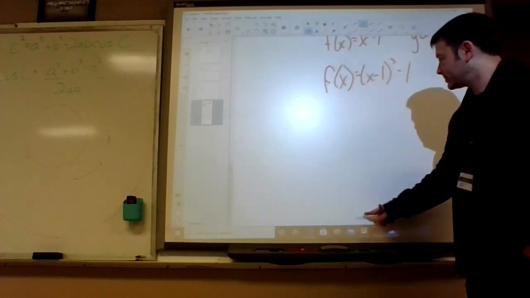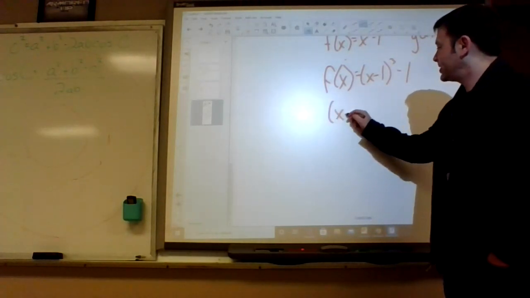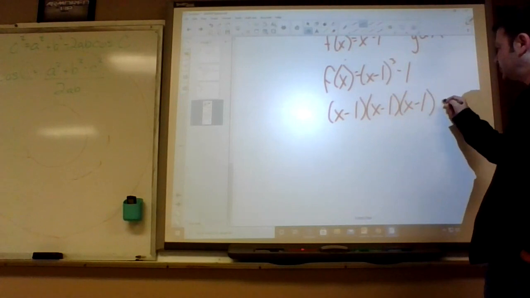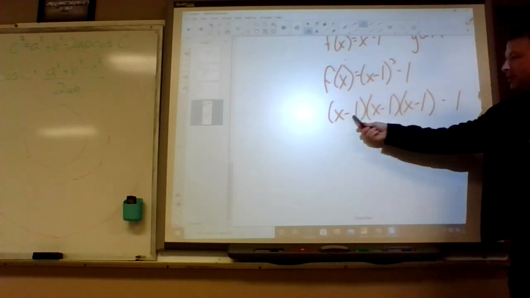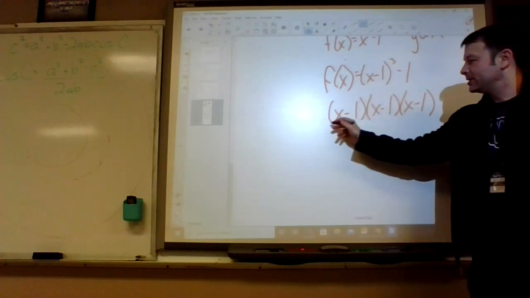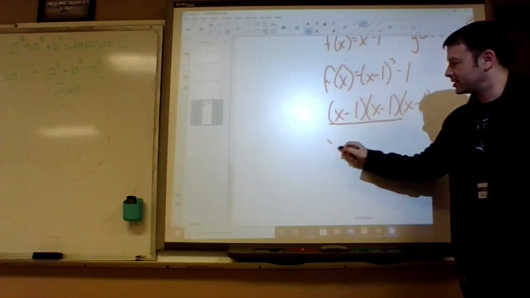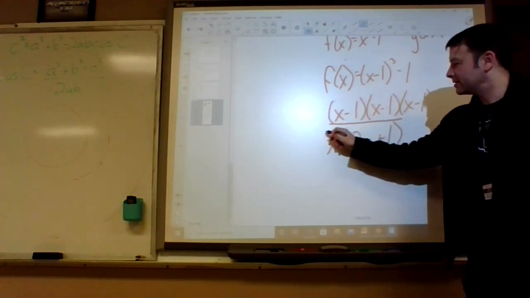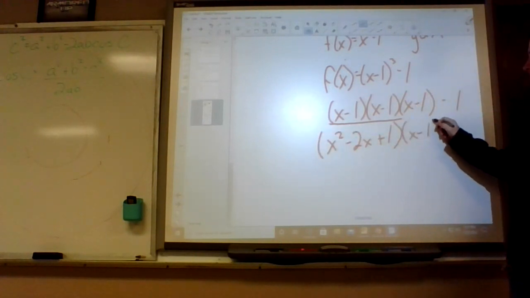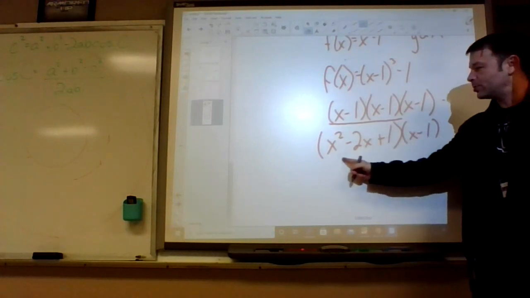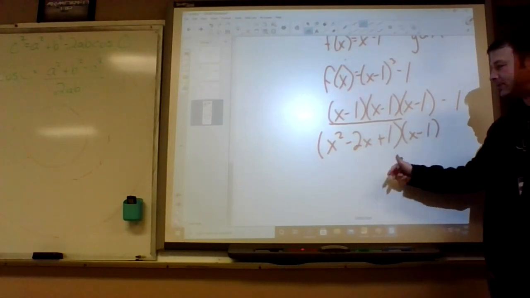Alright, I'll do it real quick. So basically, it's x minus 1 times x minus 1, FOIL, and then whatever that is times x minus 1, minus 1. Here's the FOIL for this. That's that. And then multiplied by x minus 1, we distribute the x and the minus 1. It's like a double distributive property.